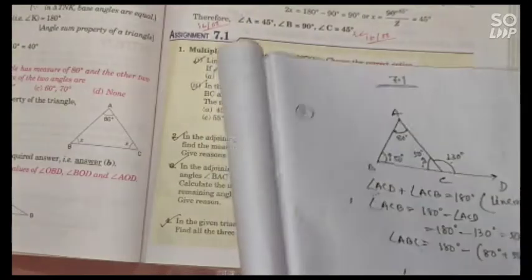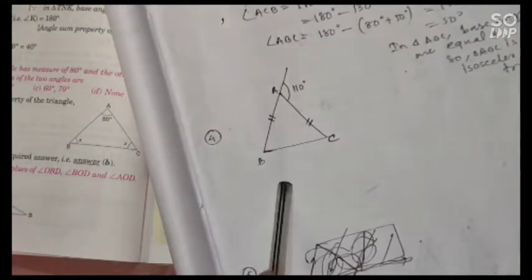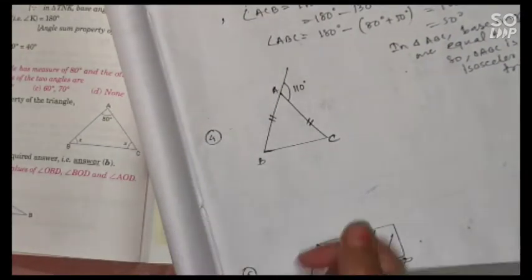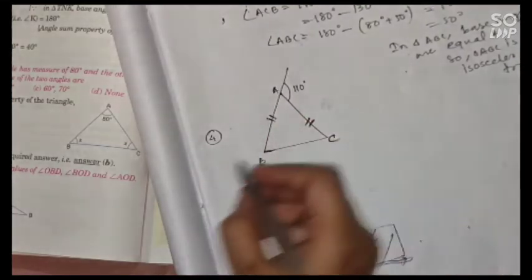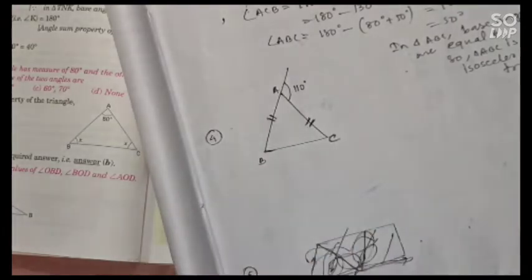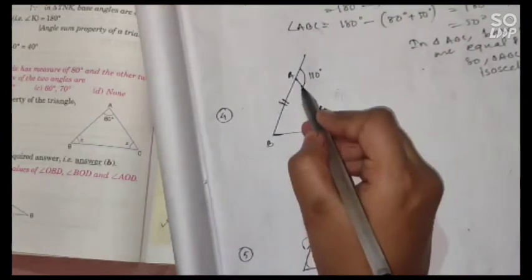Next, question number 4. In the given triangle ABC, AB equal to AC, find all the three angles of the triangle. This is the equal sign, okay? AB equal to AC. You have to find all the three angles of the triangle.